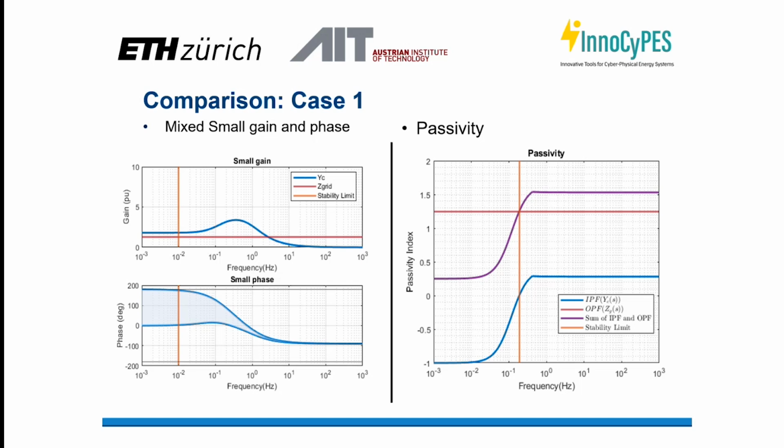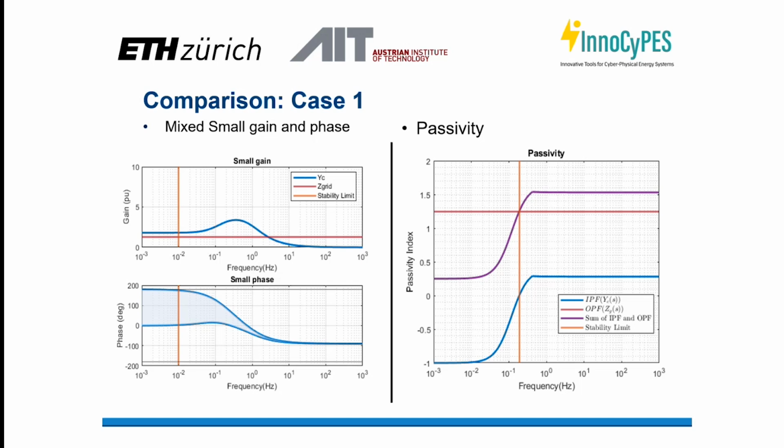So it relies also on passivity of the grid at some point for the low frequencies. So this was case 1, where basically the passivity framework was able to certify stability in the whole range.